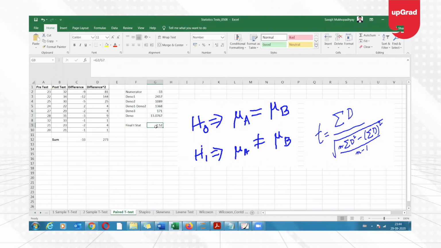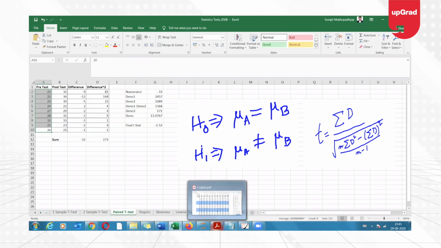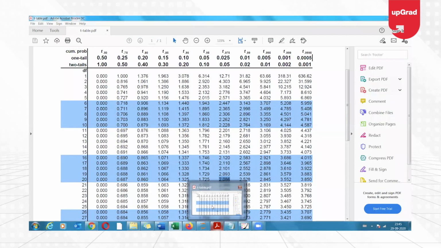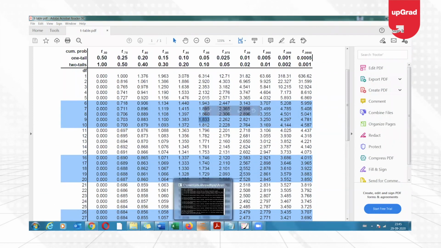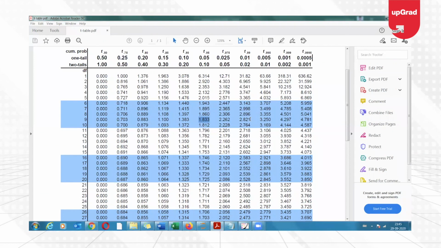After that I calculate the t-statistic, numerator divided by denominator. So that gives me my t-statistic. And here for degrees of freedom 9, we have already seen that the value is 1.833 for one tail test. For two tail test, let's figure out what is the value.